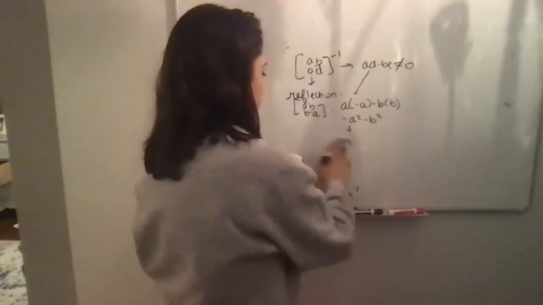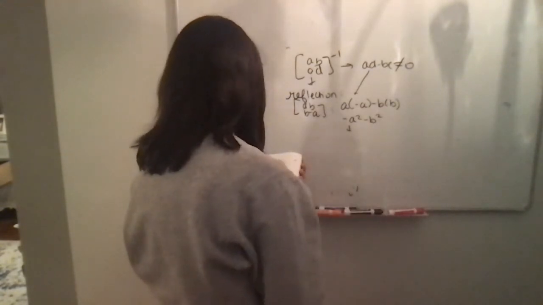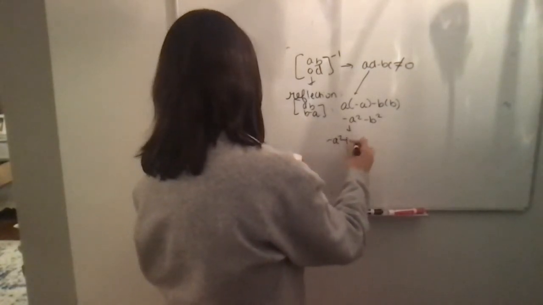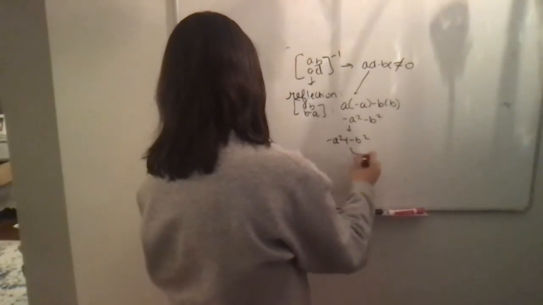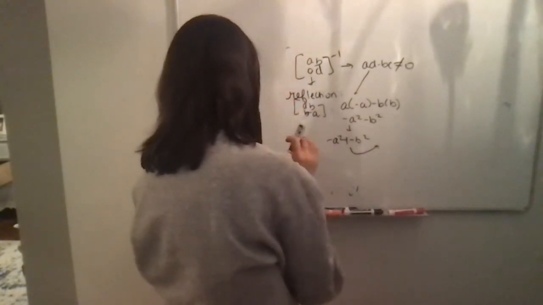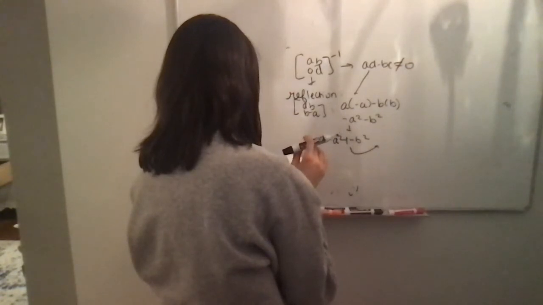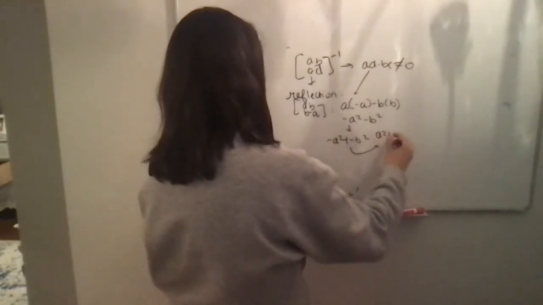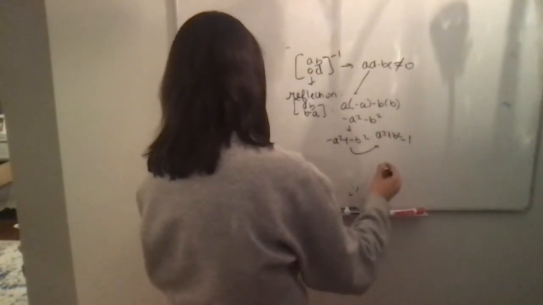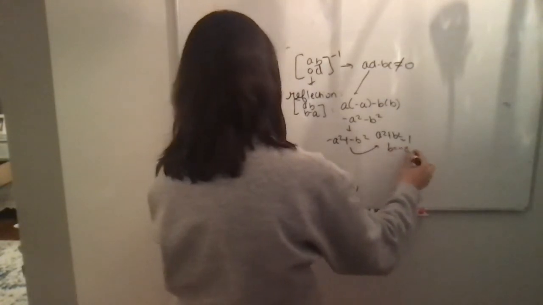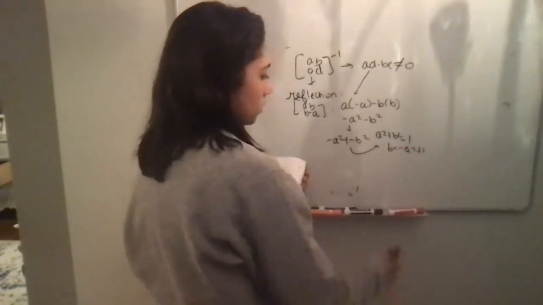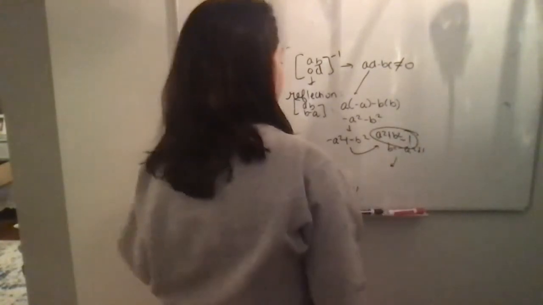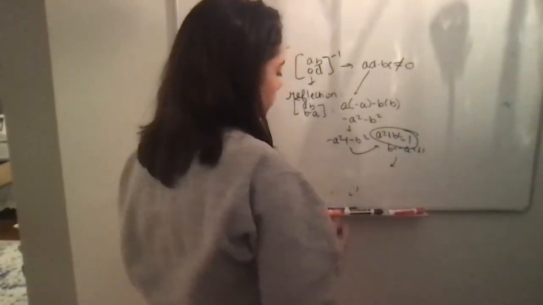The reason being that we know that A squared plus B squared equals 1. We know that B squared equals negative A squared plus 1, right? Because we know that this has to be true for a reflection matrix. We know that A squared plus B squared has to equal 1. It's one of the rules.